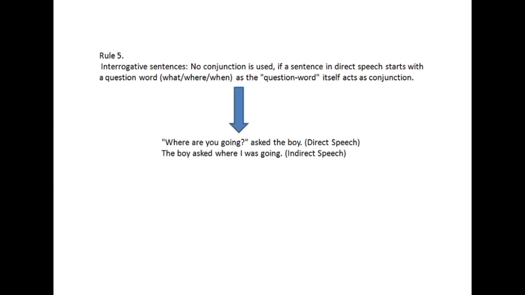So, we remove the comma, one, we change the tense, two, are became was, we change the pronoun, you became I, I was going, and where acts like a conjunction here.